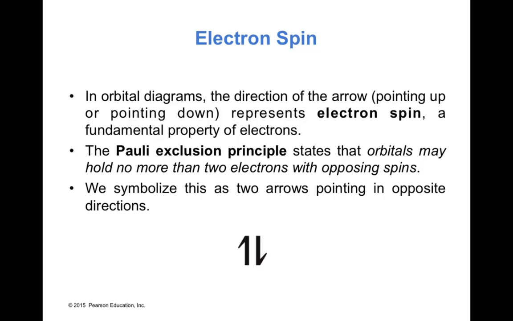So if we need to put two electrons in the same orbital, we can use this type of arrow, but remember that they need to be pointing in opposite directions, one up and one down. Usually the first one goes up and the second one goes down, but if you want to write the first one pointing down and the second pointing up, it's okay. The important thing is that they need to be pointing in opposite directions.